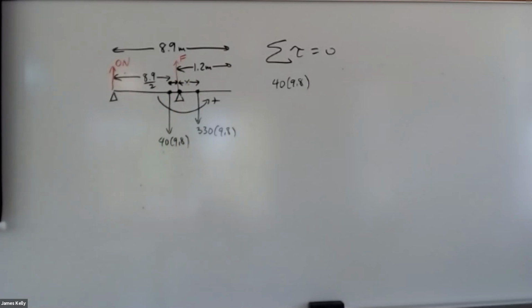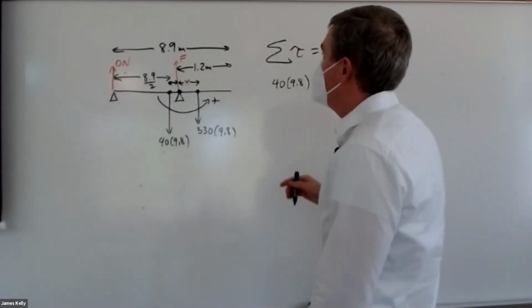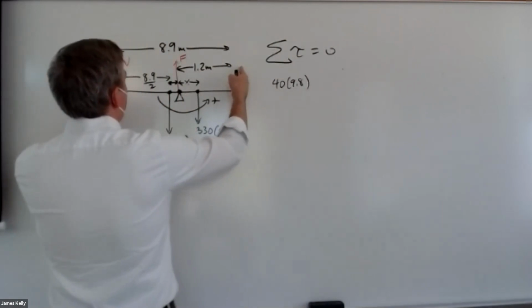And it has nothing to do with X, but can anybody see how to calculate it? Austin? Yes, so what has to add up to 8.9?